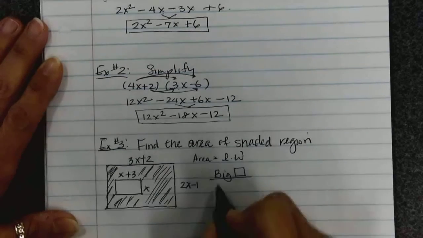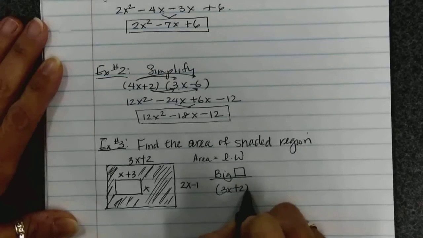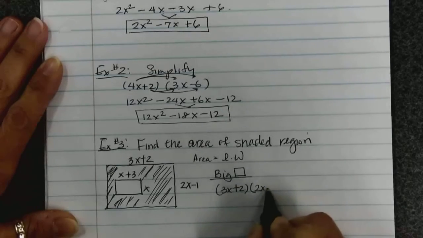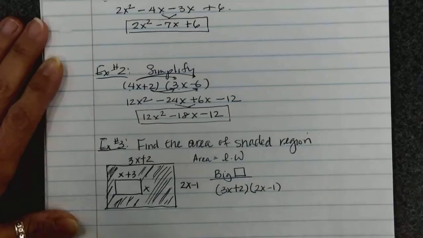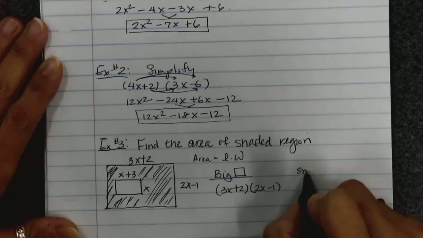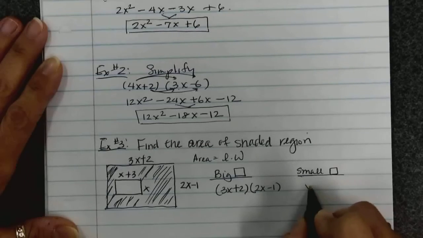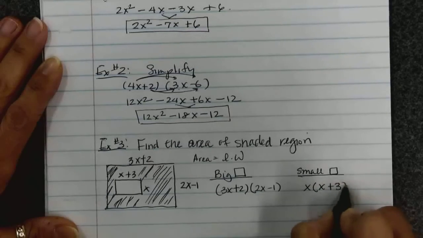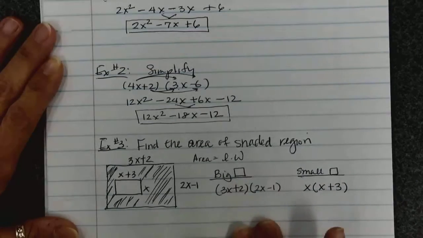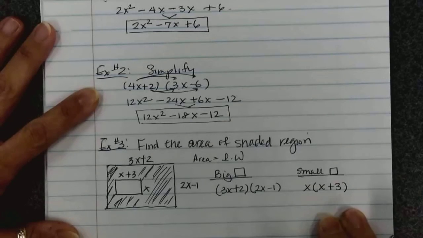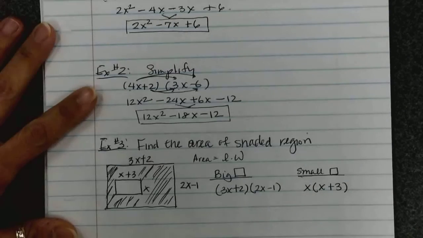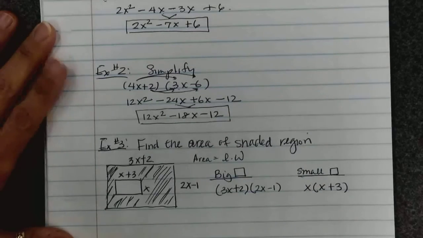The dimensions for this one are 3x plus 2 and 2x minus 1. And then the small rectangle would be x times x plus 3. We're going to find the area of the big one and the area of the small one, and if you subtract those two areas, what we would get is the area of the region that's shaded.